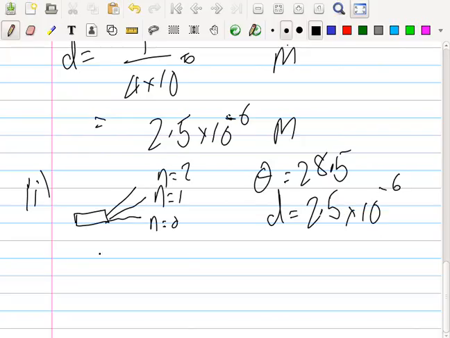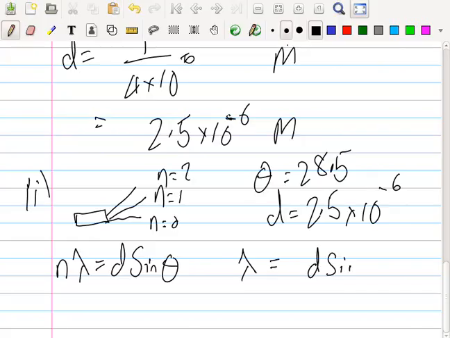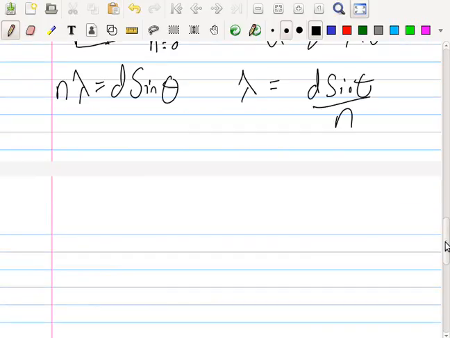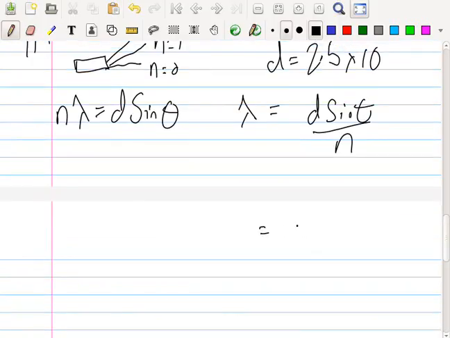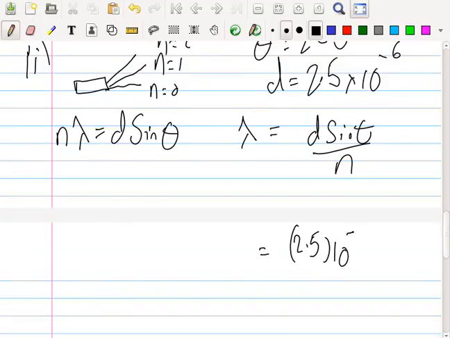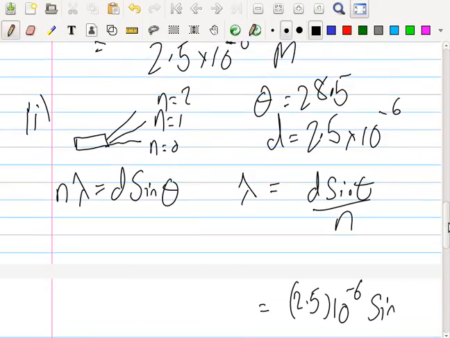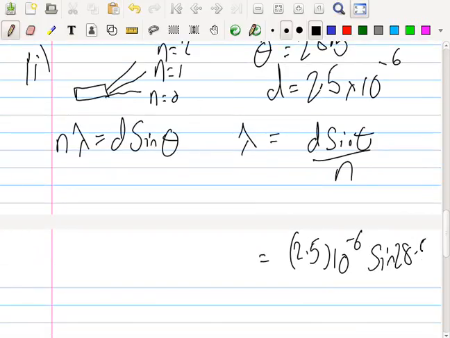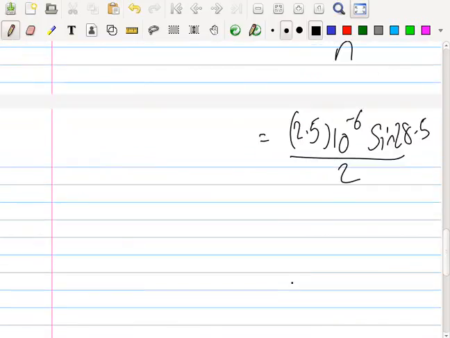So let's use our formula. n lambda equals d sine theta. So that means lambda, which is what he wants. Well, he wants the frequency, but lambda equals d sine theta over n, which here would be 2.5 times 10 to the minus 6 sine 28.5 over 2.